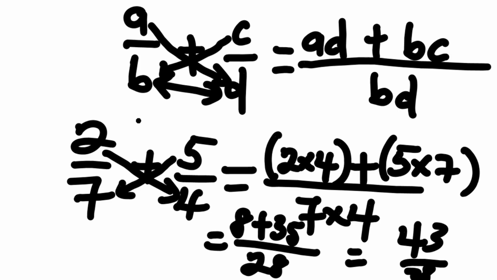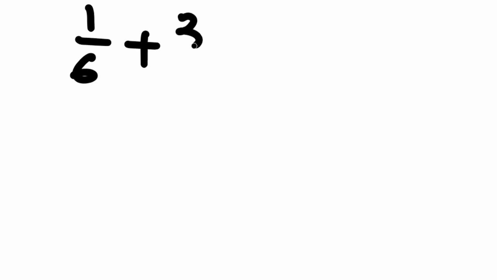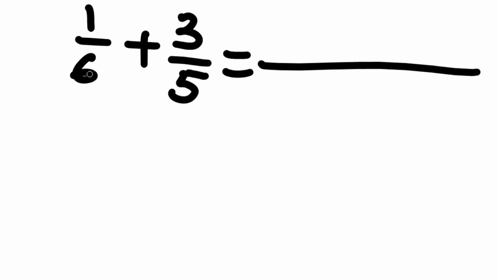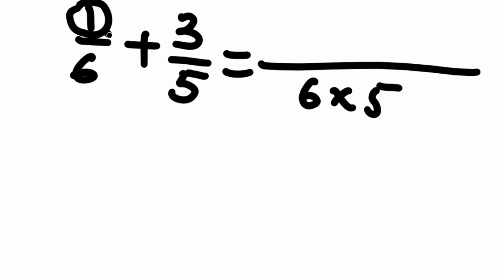Okay, so we know that's how we do addition. Let me properly do something again. If you have something like 1 over 6 plus 3 over 5, for the denominator you multiply 6 times 5. For the numerator you do this one times this, so it becomes 1 times 5 in a bracket.